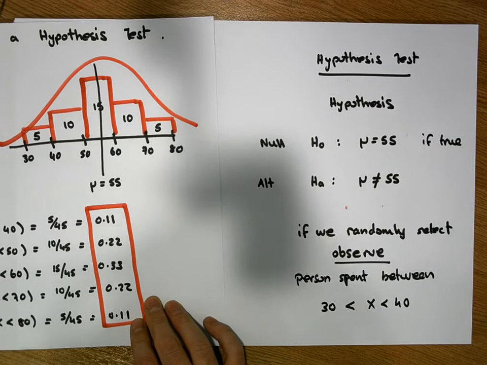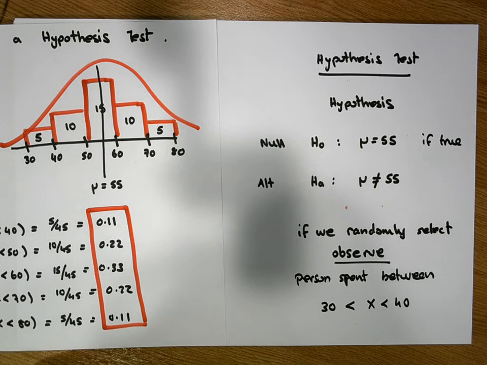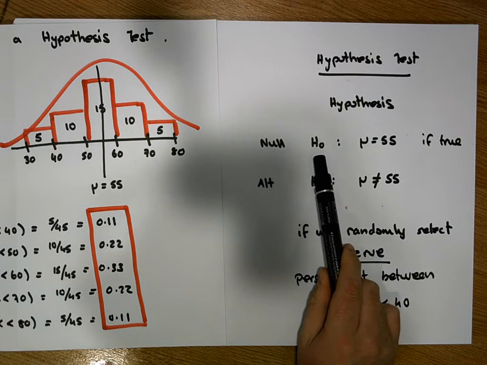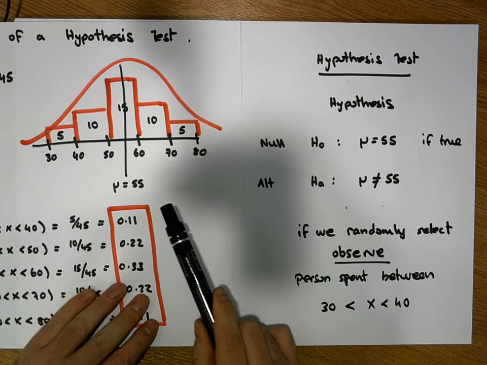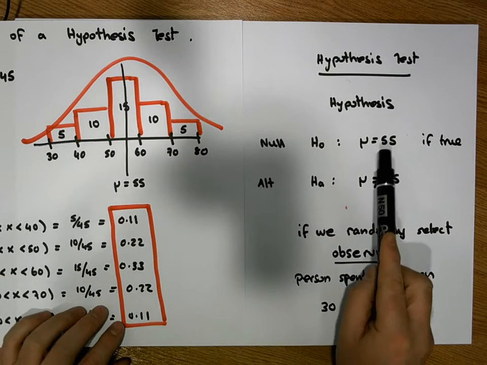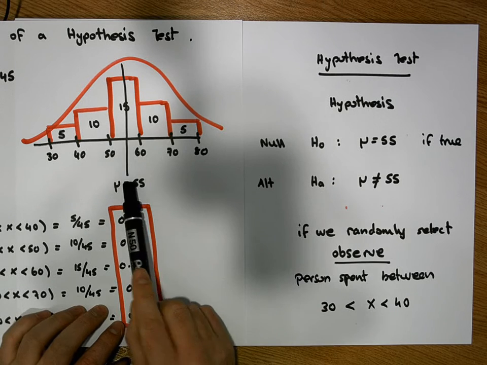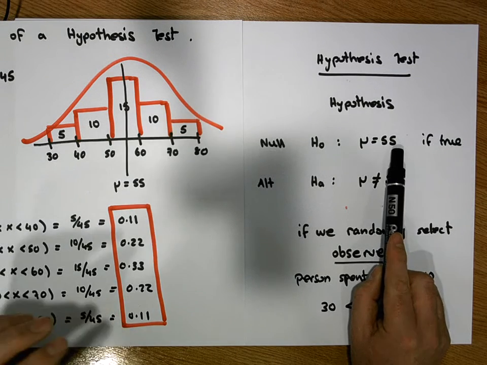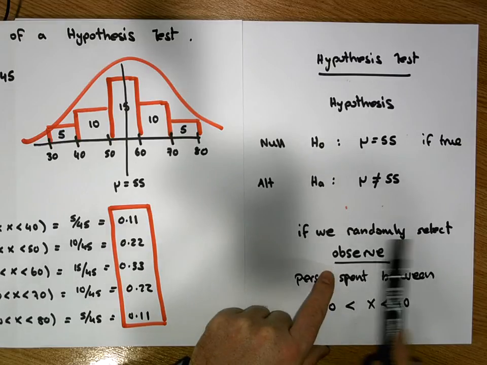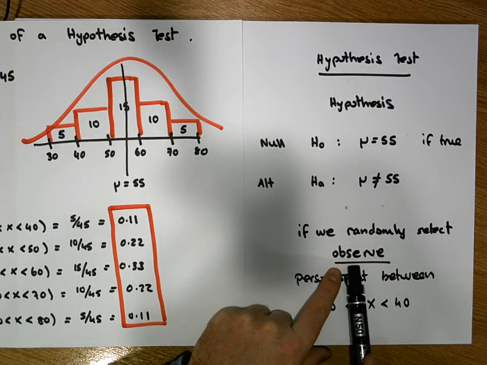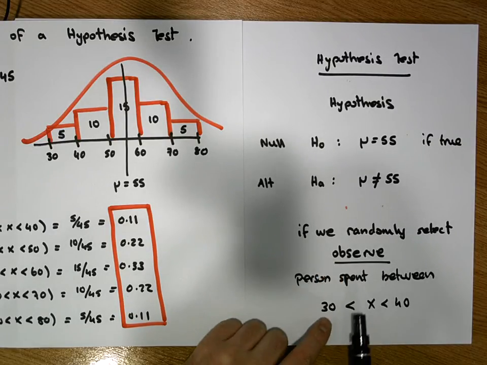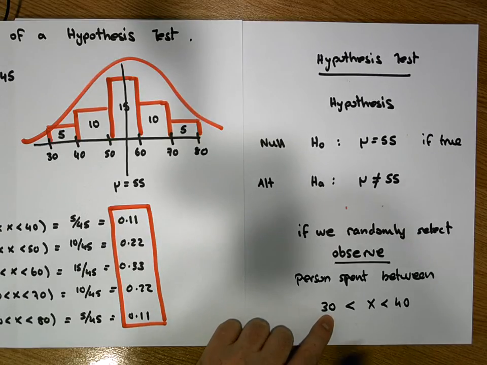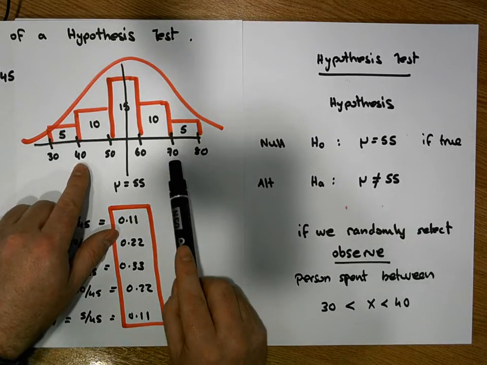Our hypothesis test once again has two positions. It has a null position. In this case, I'm assuming that the population from which I'm randomly selecting has a mean value of 55. If this was the case, then when I randomly select from the population, I wouldn't expect to find a value between 30 and 40. I'd more than likely expect to find a value between 40 and 70.